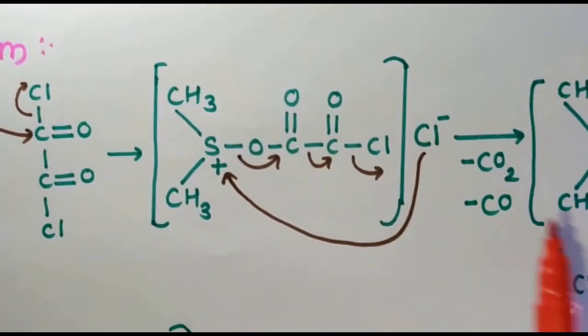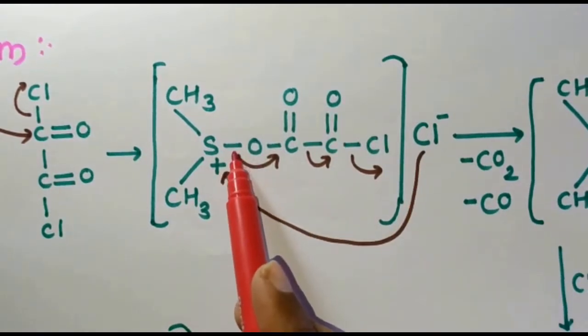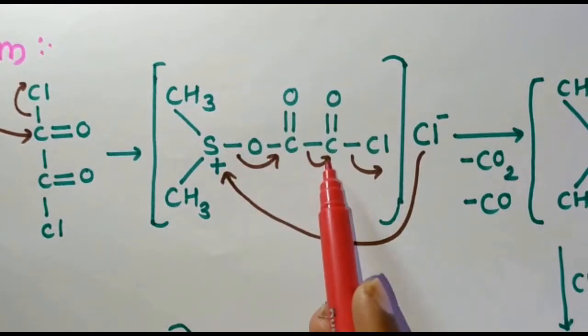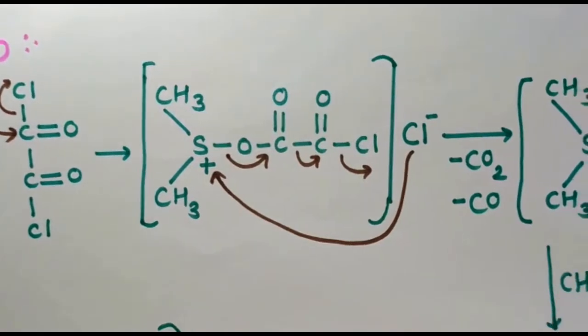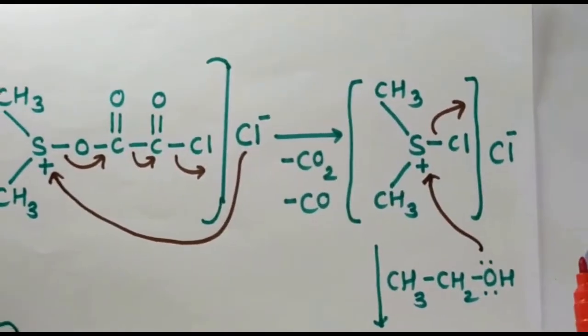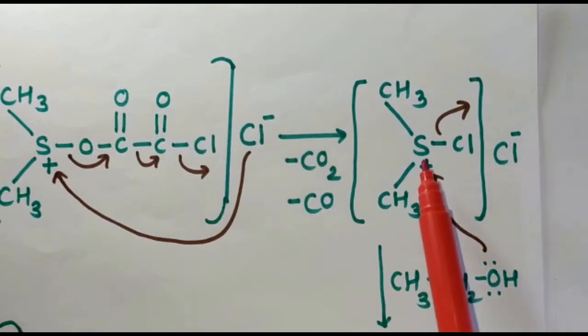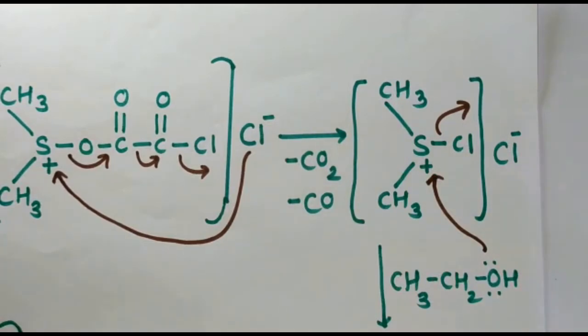Remember that this chloride ion attacked this sulfur atom, this bonding electron pair shifted here, and this electron pair is shifted to the carbon, and the chloride ion is removed from this complex. So there will be an elimination of carbon dioxide and carbon monoxide. So here you can see that the chloride ion is attached to this sulfur atom, and this chloride is present here.